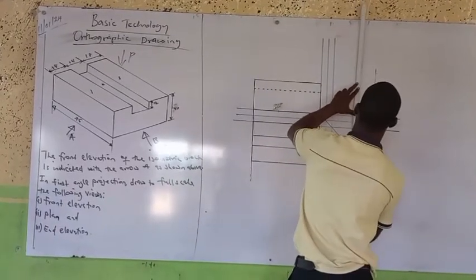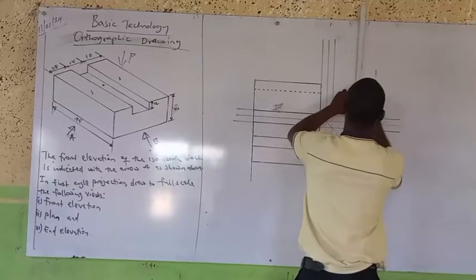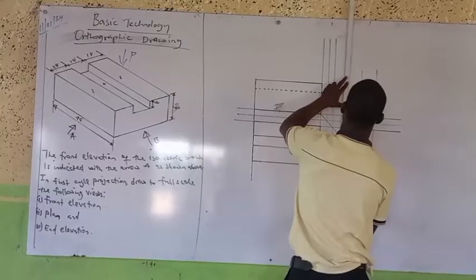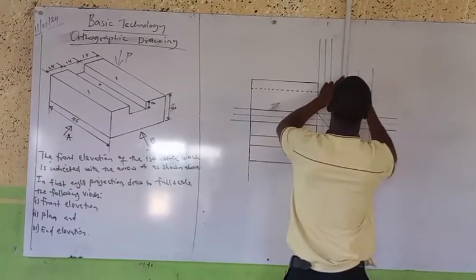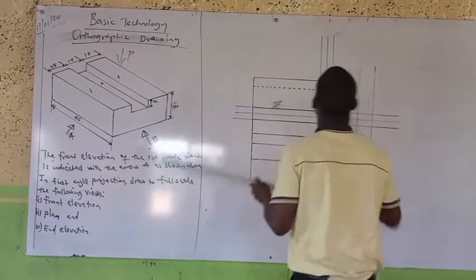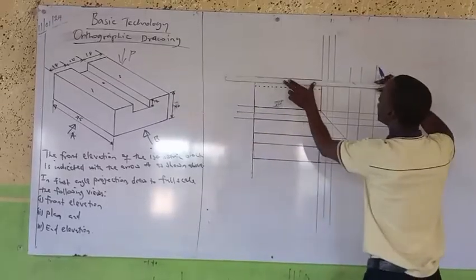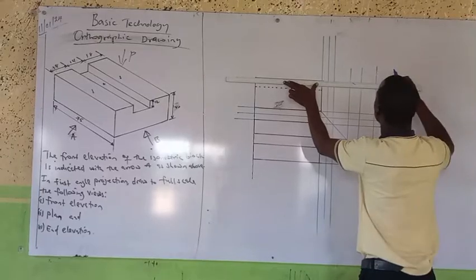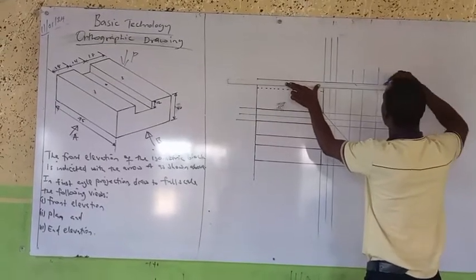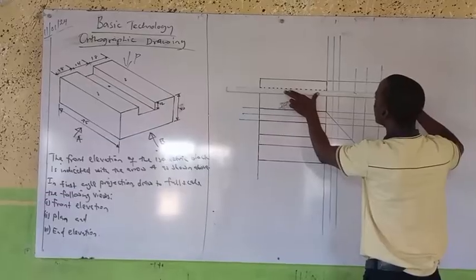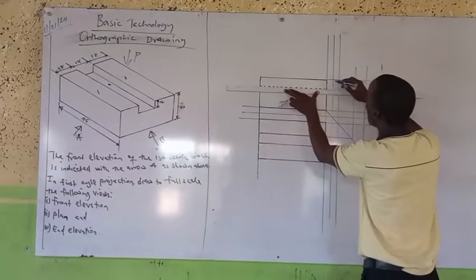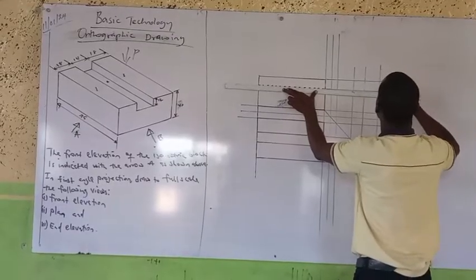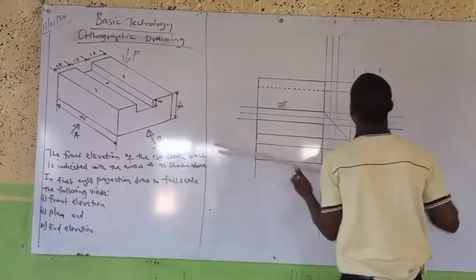Then this one. This place, the horizontal plane, this line, I project it out. Every detail is important. You can do it step by step. Let me just project it out.